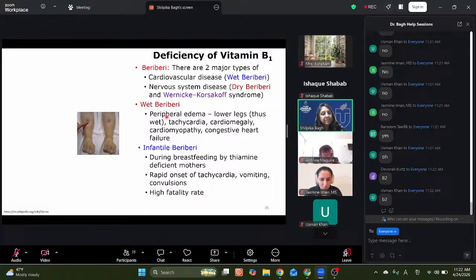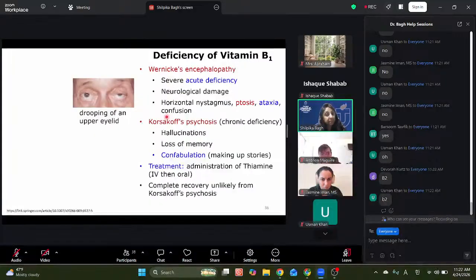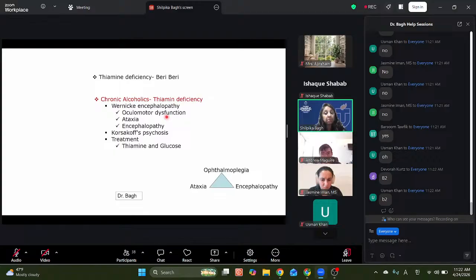Dietary thiamine deficiency is very common. Chronic alcoholics also suffer from thiamine deficiency. What is the typical triad of thiamine deficiency in chronic alcoholics? Ophthalmoplegia, they stare at one point. There's ataxia, there's encephalopathy.